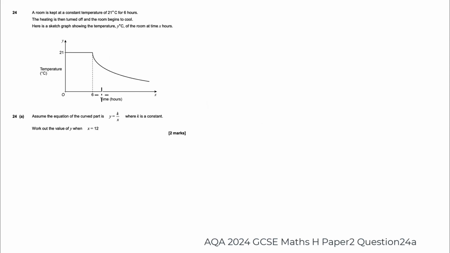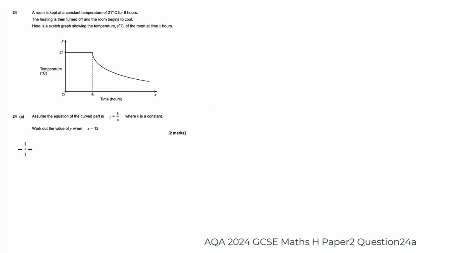So the temperature is going down now, and there's a sketch showing that. Well, we've just been over that. Now, in part A, assuming the equation of this curved part, that's this bit here, is y equals k over x, where k is a constant, work out the value of y when x equals 12.